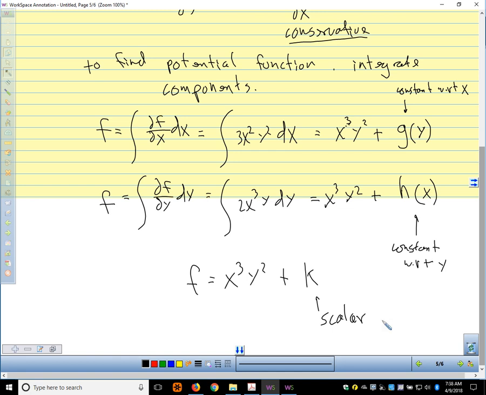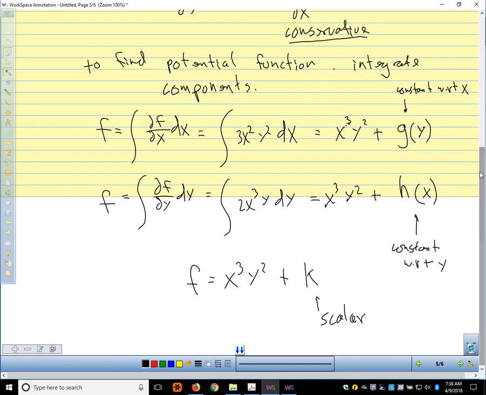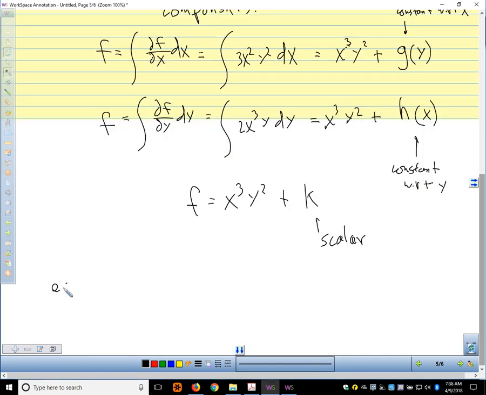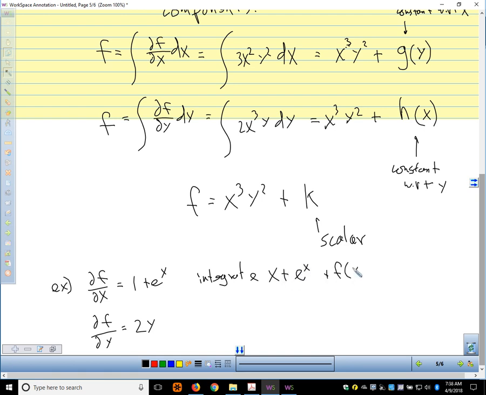Now an example of where this would not work, where we'd have this extra function, is if the partial of f with respect to x was 1 plus e to the x, and the partial of f with respect to y was 2y. When I integrate this, what do I get? I get x plus e to the x plus f of y.